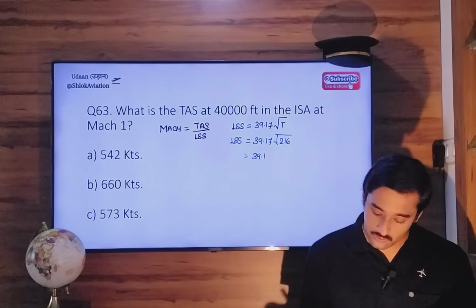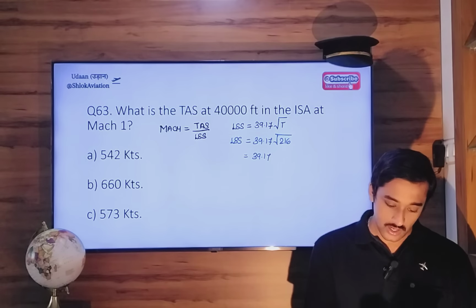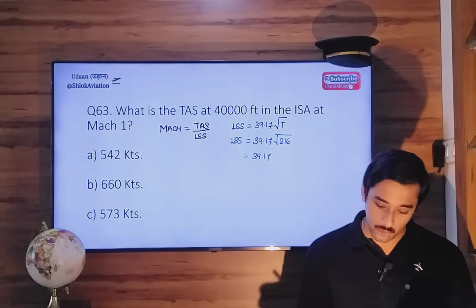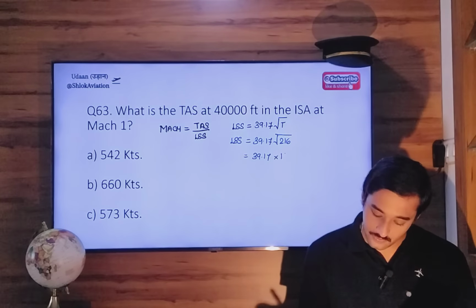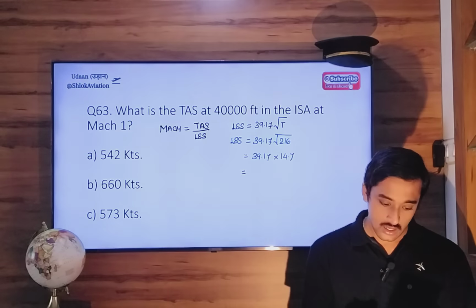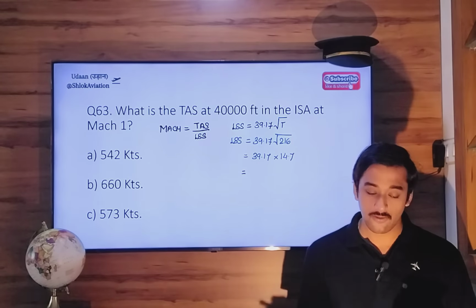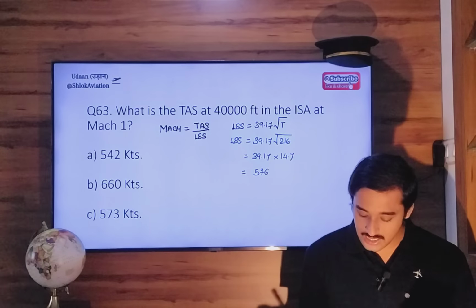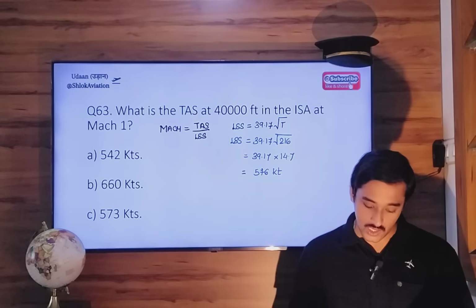The square root of 216 is 14.69, so 14.7 approximately. When you multiply that, you get 575.67, so approximately 576 knots of local speed of sound.